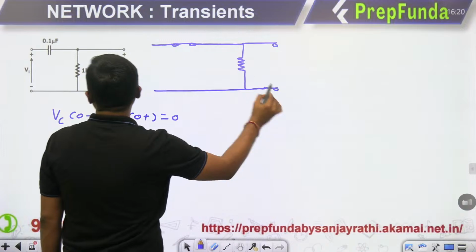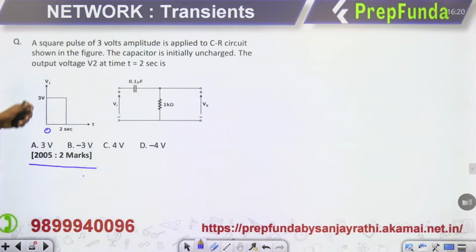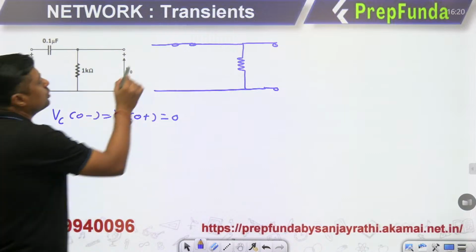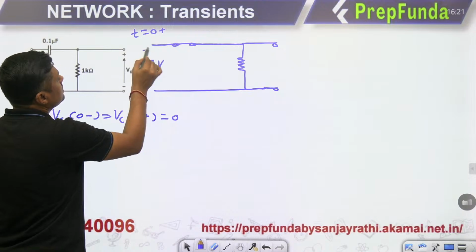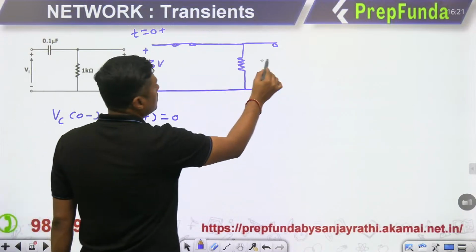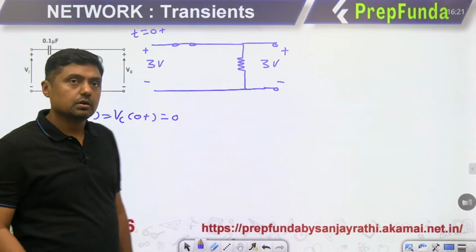So what will be the voltage? Suppose we are applying 3 volt at this point, exactly at t equal to 0 plus. Initially, what will be the output? It is also 3 volt. Output is 3 volt. Right.